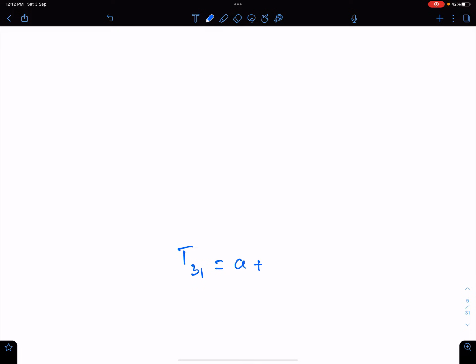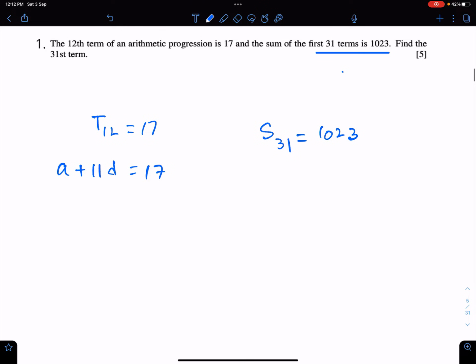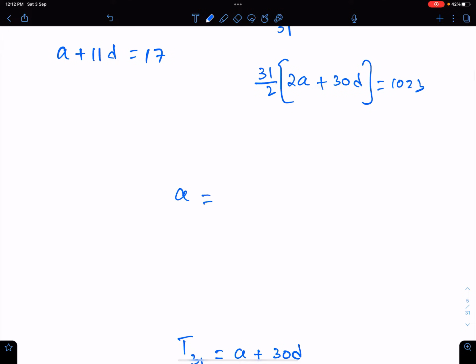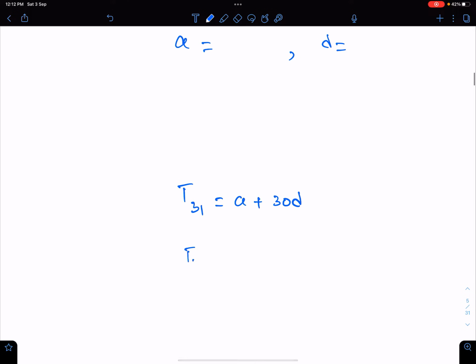And it should be a plus 30d. And for this we need a and d. So by solving these two equations simultaneously, we can get the values of a and d. So after getting the values of a and d, we can find this T31.